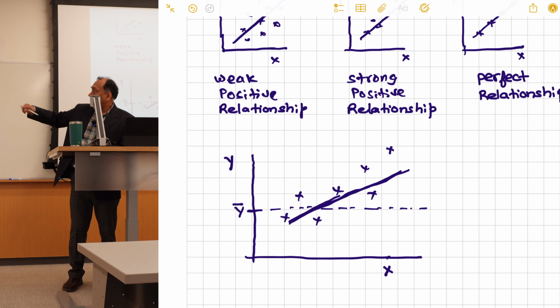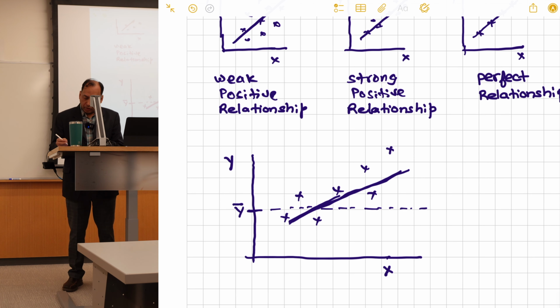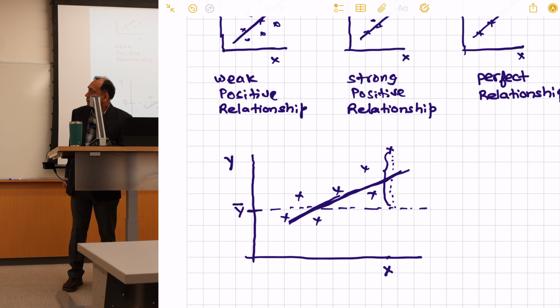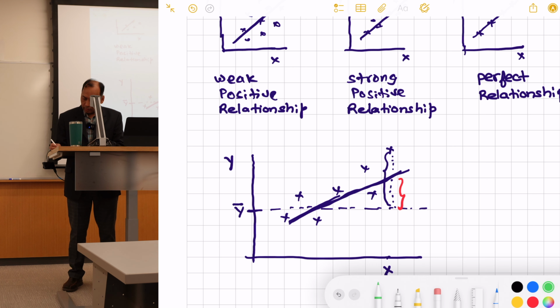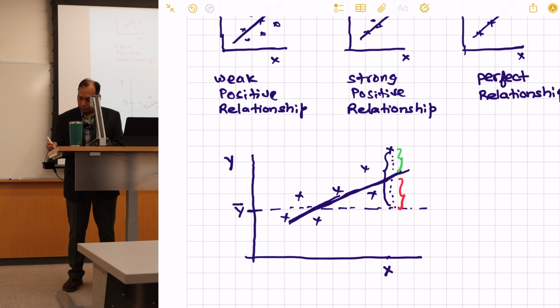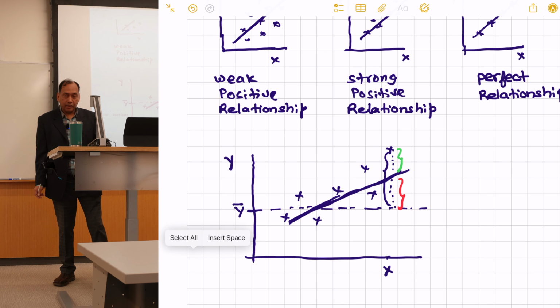One is this straight line and how far each point is from the average, so that is one. So you can say this variability, and then there is a variability from the line to y bar, this variability, and then there is one from here to here. So there are three types of variabilities.